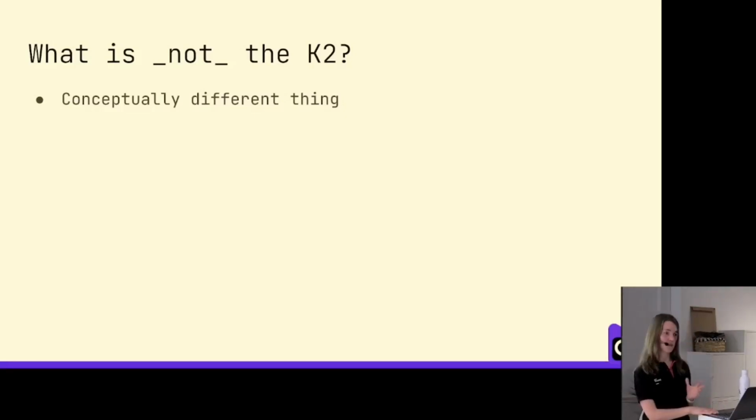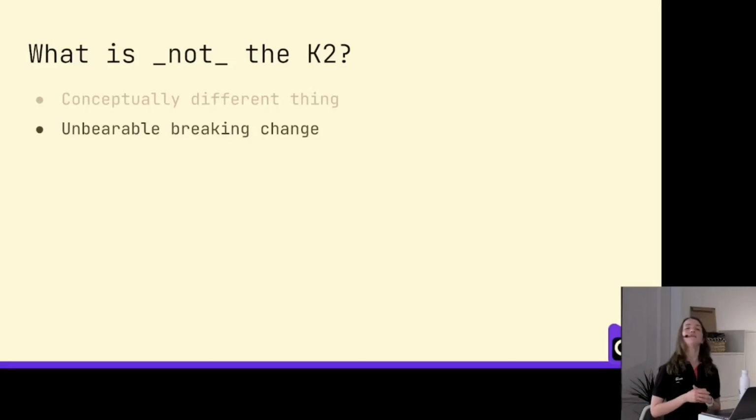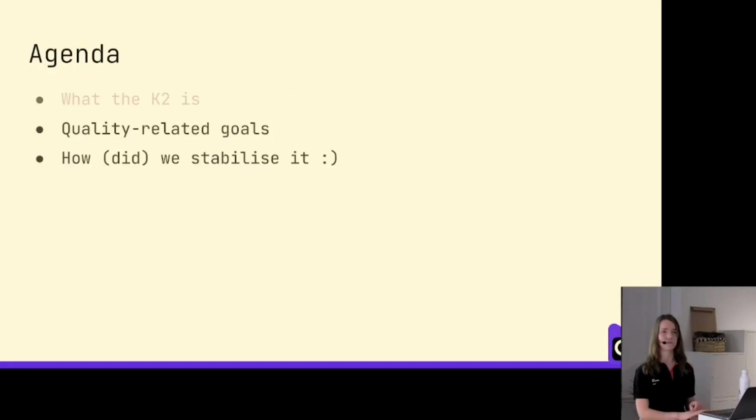We want it to be the same. And we don't want to bring any unbearable breaking changes. Instead, we see K2 as a really good thing, where we want our users to profit from it and migrate easily. So, this is what K2 is.